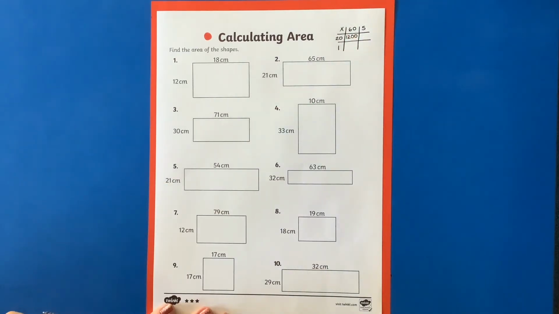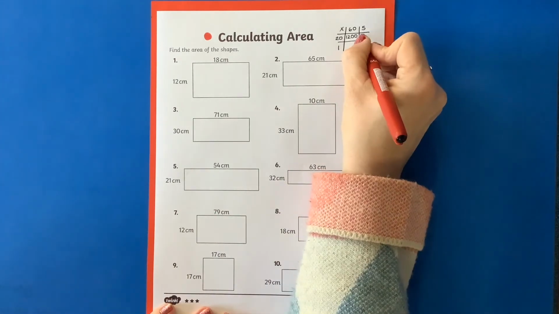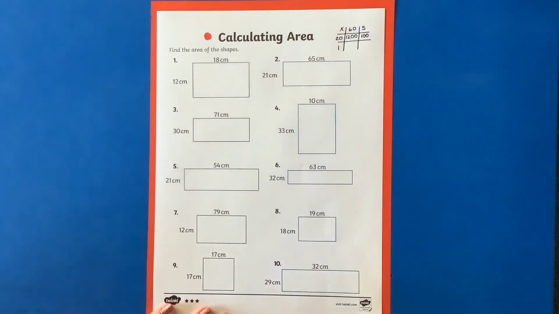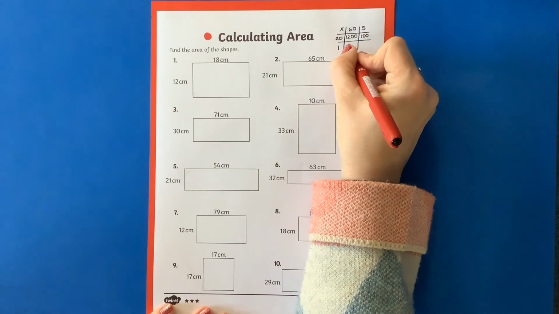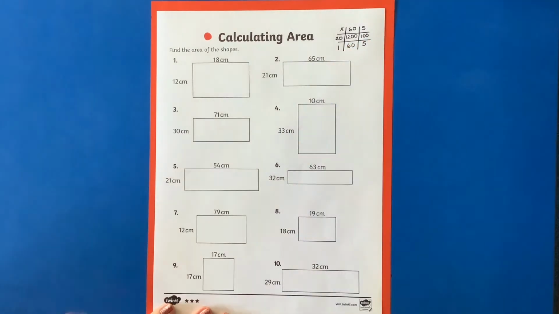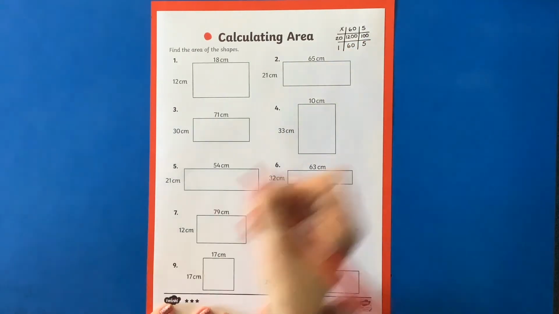So I'm going to put my 2 zeros on. And then I've got 20 times 5, or 5 times 20. That's going to be 100. 1 times 60, 1 times 5. I'm going to put that all together now.